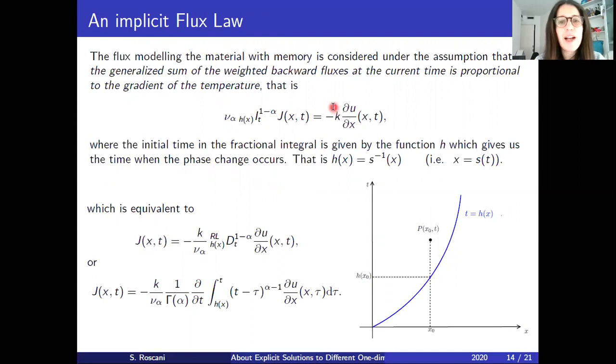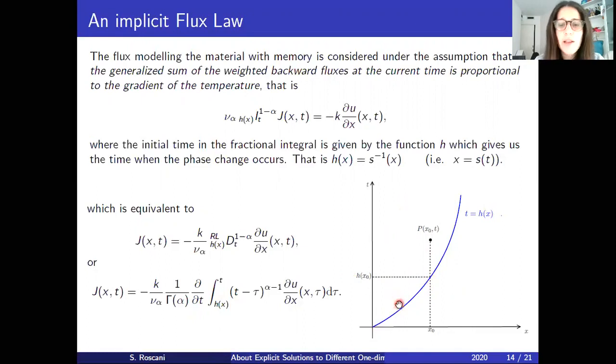So suppose that we have an implicit flux law, which is an integral from the free boundary. h is the time, look here, this is the free boundary for a point x, h of x is the time at which the free boundary passes that point, okay? So I will suppose that my temperature is constant here and that the memory starts here, or for a point (x, t) here, the memory starts from here.